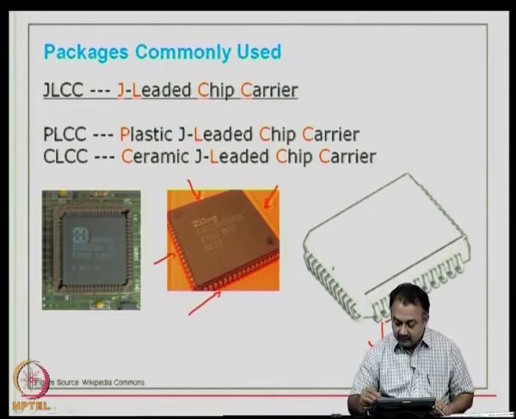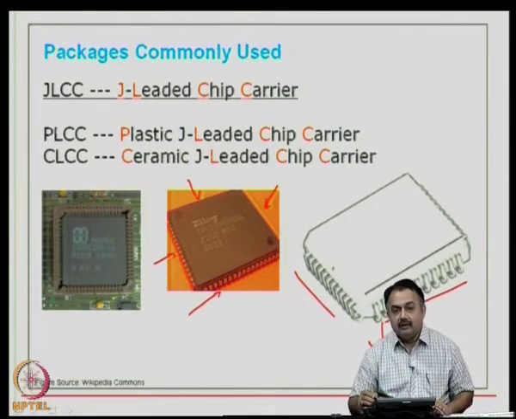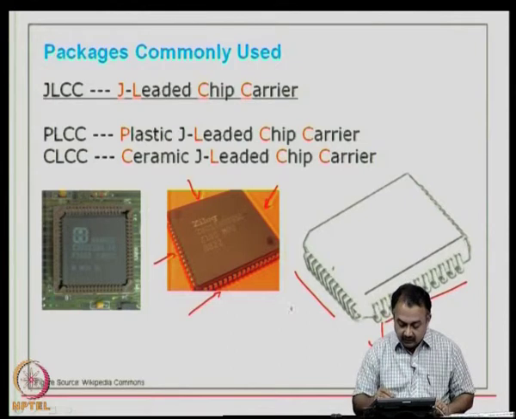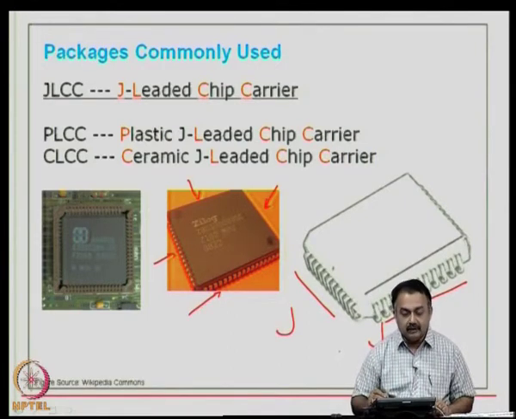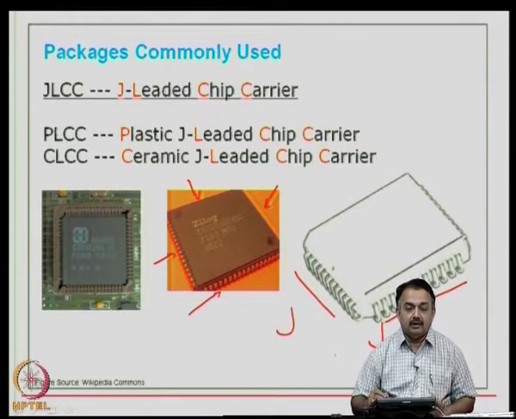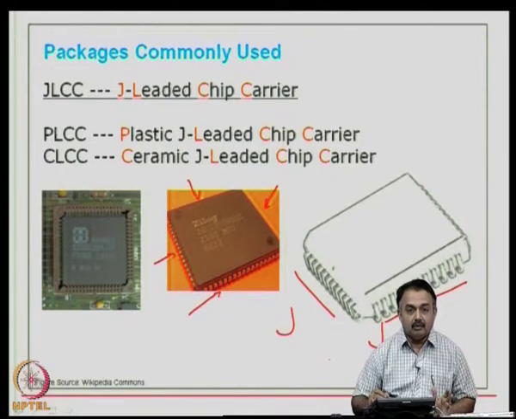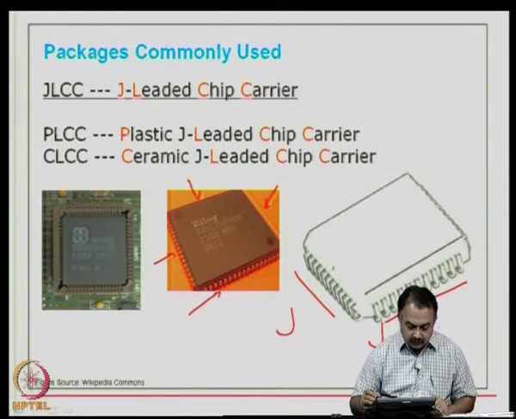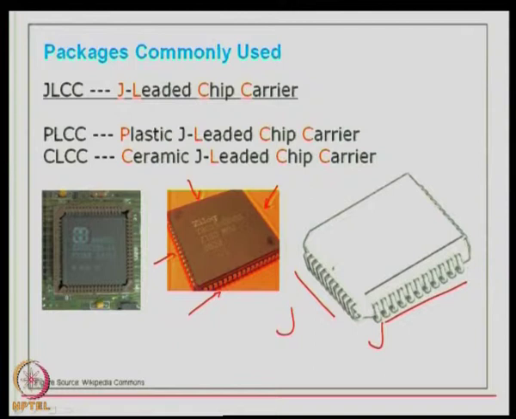So, as you can see, the entire row of leads here are J bent, okay, inside. So, which means the body outline of these packages are considerably smaller compared to your quad flat packs. So, this picture shows here a plastic J leaded chip carrier, and these chip carriers can be accommodated in sockets.